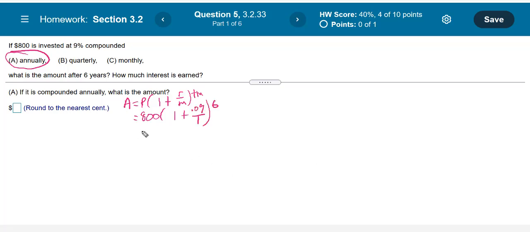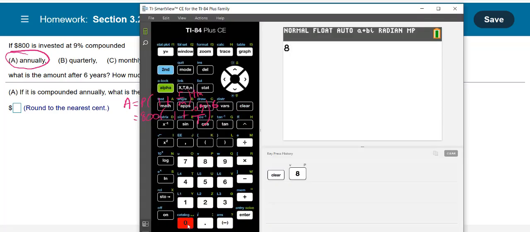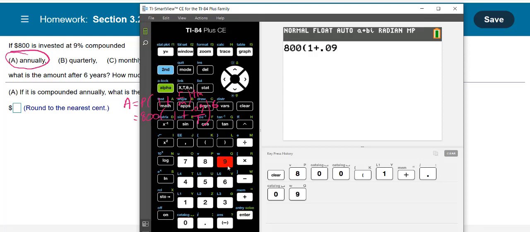Now we'll type that into our calculator. To make it shorter, I don't need to type the 0.09 divided by 1. I can just type 0.09 because I know that's what it's going to be.